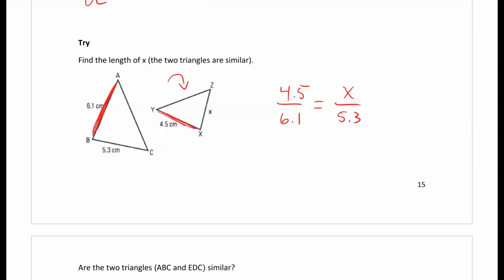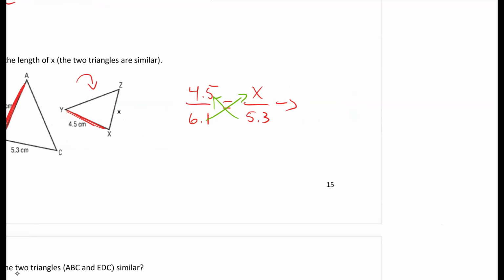Now we have our cross multiplication. And this is going to give us 6.1x is equal to 4.5 multiplied by 5.3.